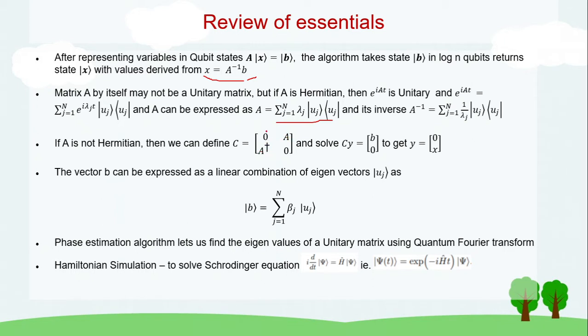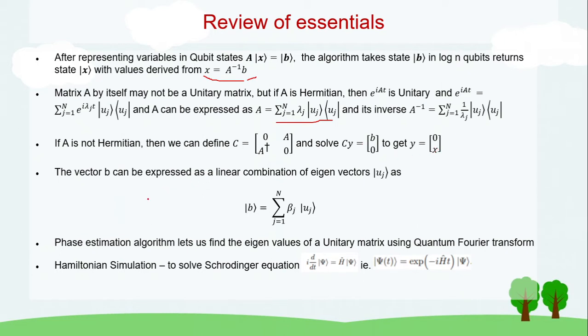Then you define one more equation, Cy equal to b, 0, where y is 0 and x. They are all vectors. Once you are able to solve for y, from y you will be able to get x.